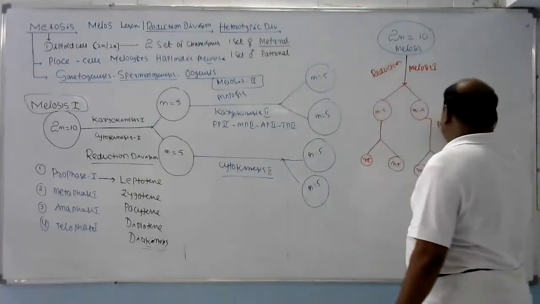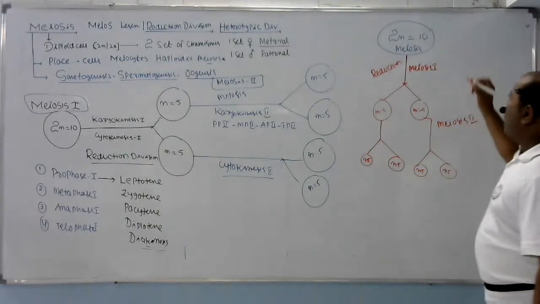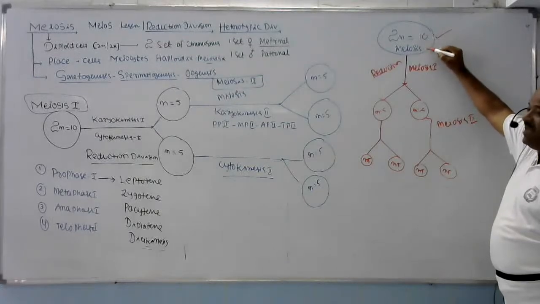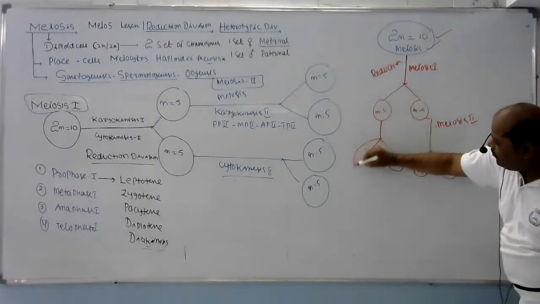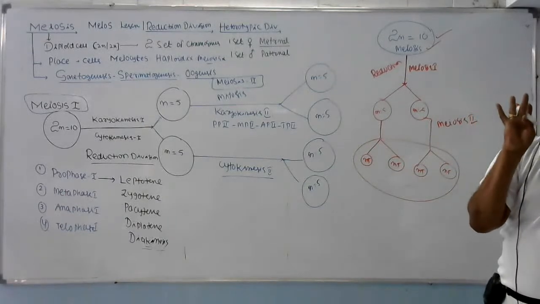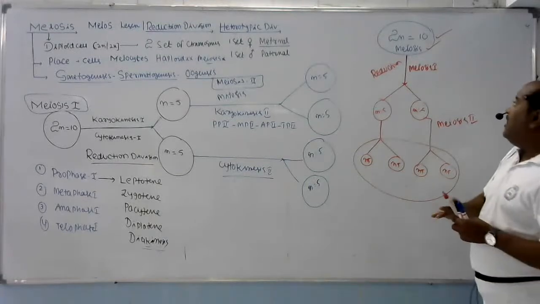Now what is this division? Meiosis 2. So once a diploid cell undergoes meiosis division, how many cells are formed in total? 4 cells are formed.